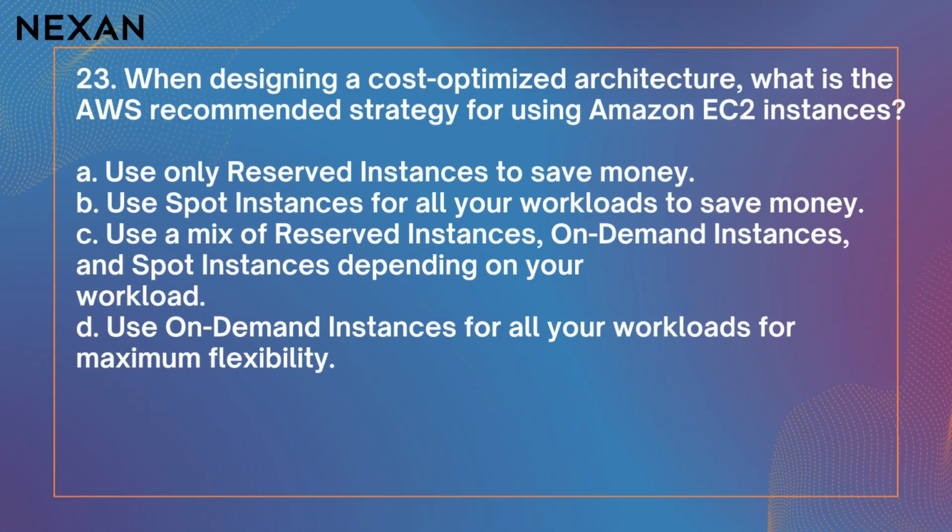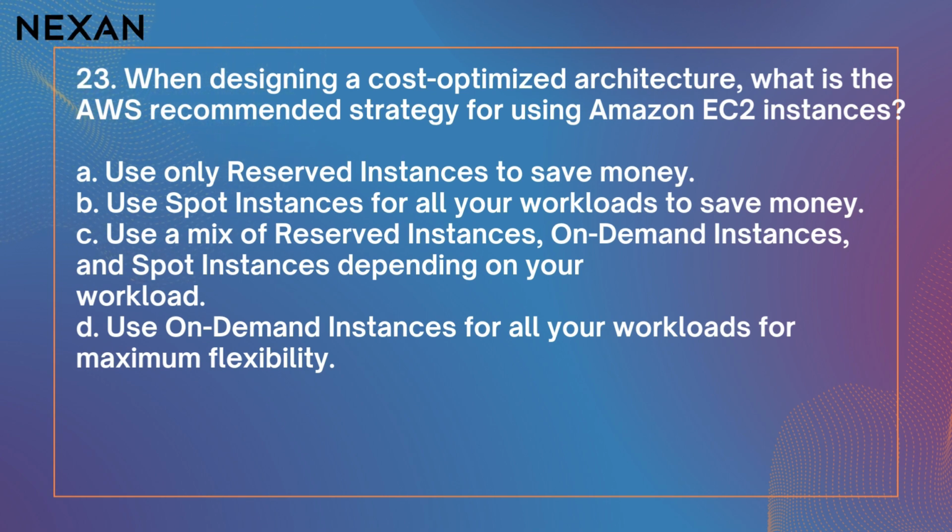23. When designing a cost-optimized architecture, what is the AWS recommended strategy for using Amazon EC2 instances? A. Use only reserved instances to save money. B. Use spot instances for all your workloads to save money.